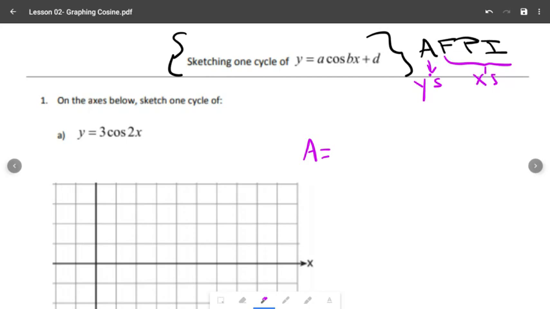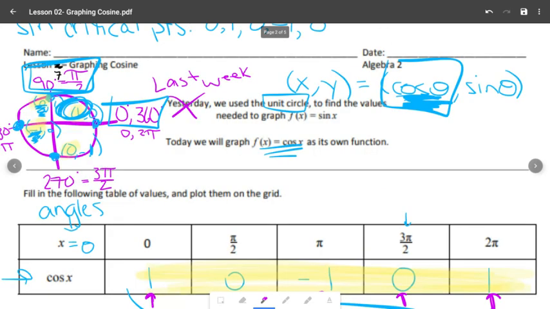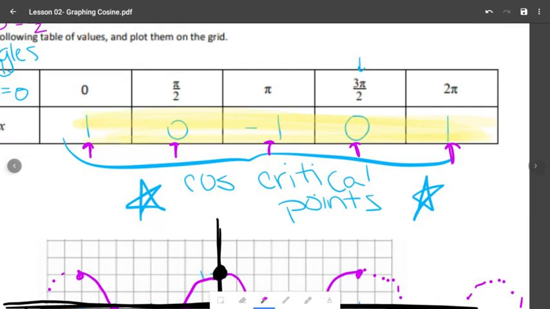So the A, that is asking you again for the amplitude. That is asking you for the number in front of the cosine. So in this case, 3. And just like last week, we said we take that A and we multiply it with our critical points. So now here's the only part that's different. We're using different critical points. Sine had its own critical points, and now cosine has its own critical points. So those were those points that I highlighted in the table for you.